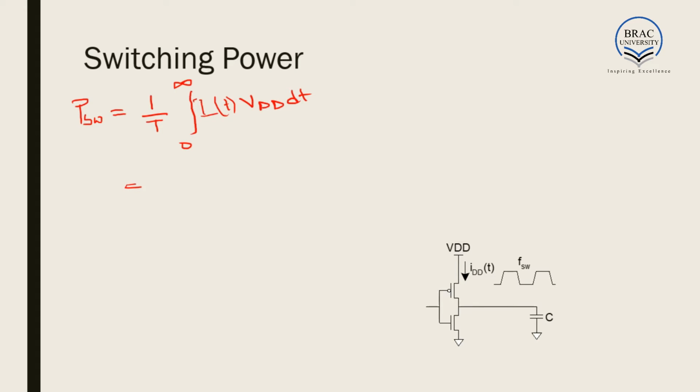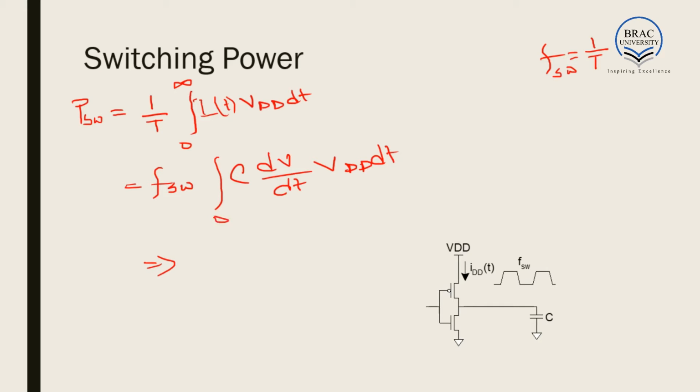Now 1 by T, we know f is equal to 1 by T. Since this is the switching frequency, we name this fSW, that is the switching frequency. So we get fSW integration of C dV/dt VDD dt.